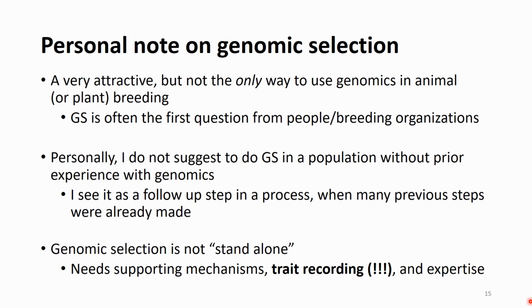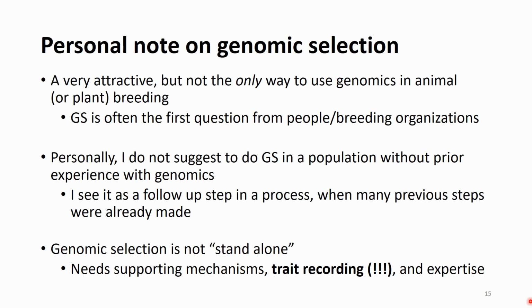So I had the feeling that sometimes students or in general people have the impression that what we can do is come into a relatively secluded place, genotype hundreds or thousands of individuals, and then based on this we can do the magic of genomic selection, and then we can do genomic breeding values and suddenly improve that population by a great margin. Well, this is not how it works.